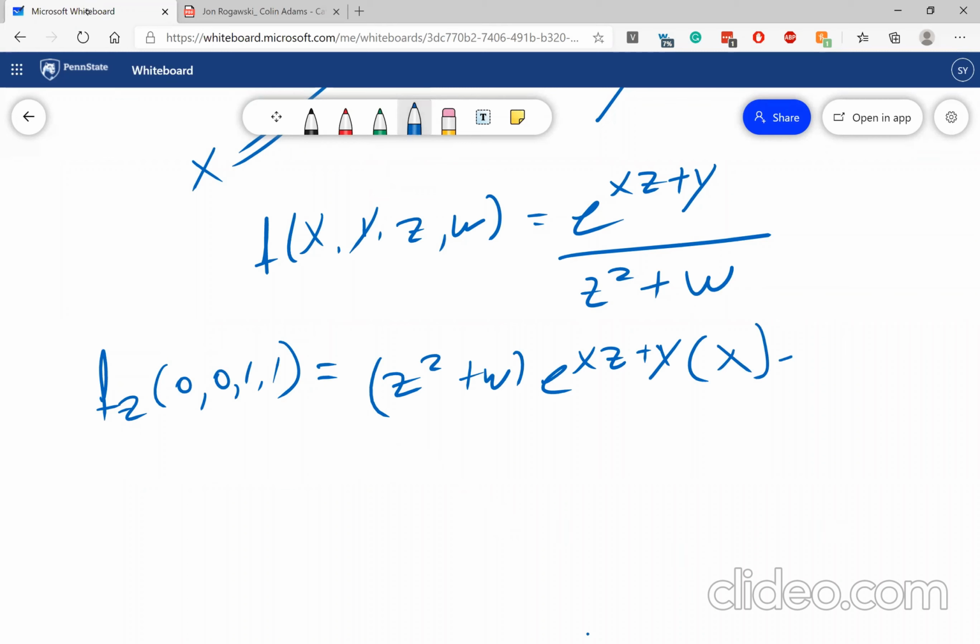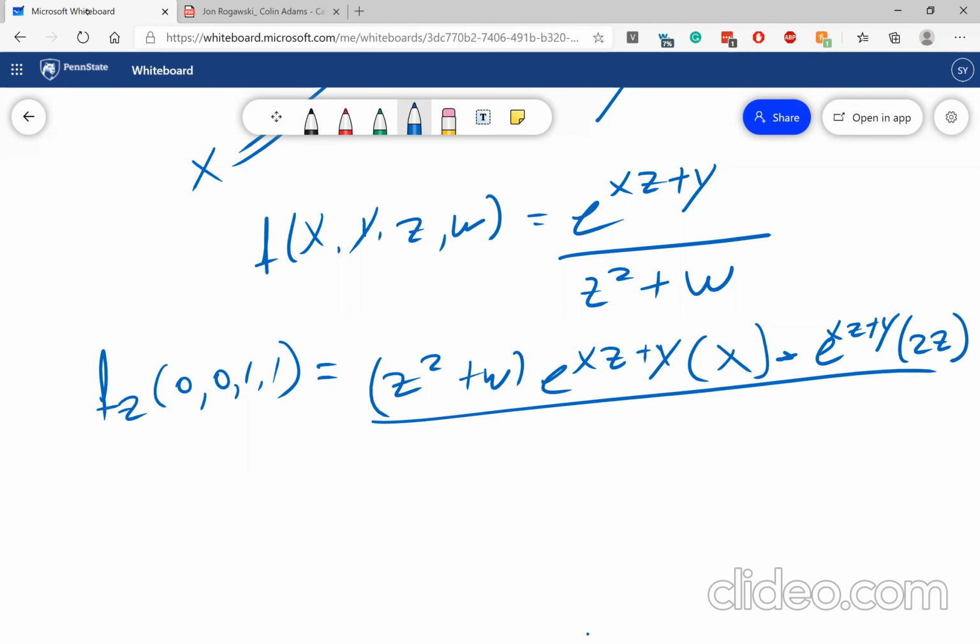Okay, minus the top part, e^(xz) plus y, times the derivative of the bottom part, which is 2z, over (z squared plus w), all of this squared. Any questions about this so far?